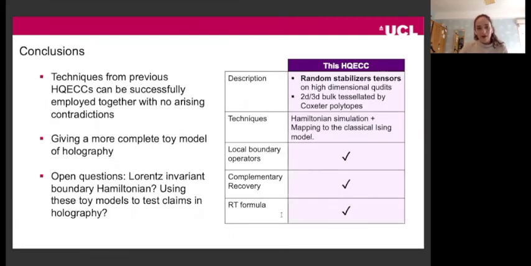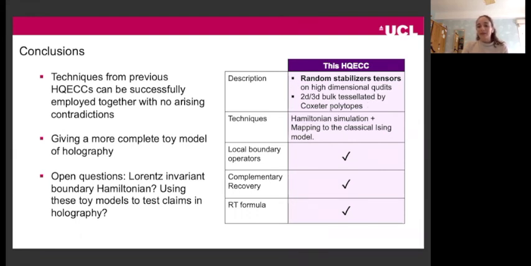So just to conclude, the techniques from these previous holographic error correcting codes could be successfully employed together with no arising contradictions, which gave a more complete toy model of holography, which can be summarized by this table. So by using random stabilizer tensors on high dimensional qudits, if we have a 2D or 3D bulk tessellated by Coxeter polytopes, and again, like Tamara said, the perturbation gadgets generalize to higher dimensions, and the only thing would be to check that there exists a Coxeter polytope tessellation which has odd faces.